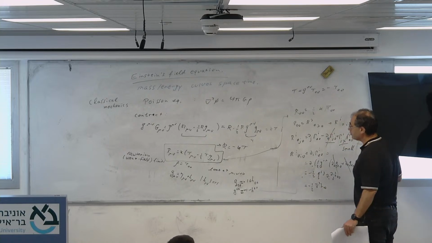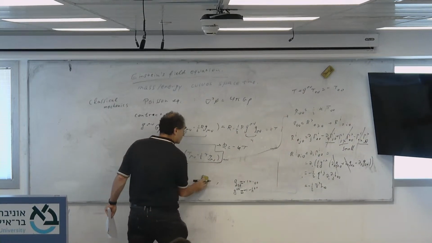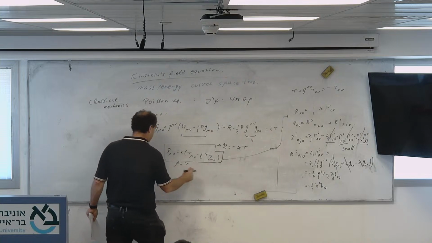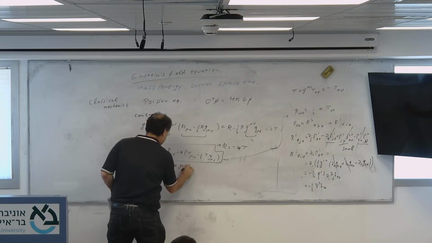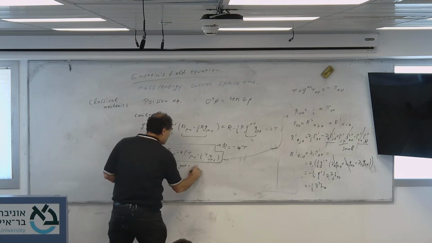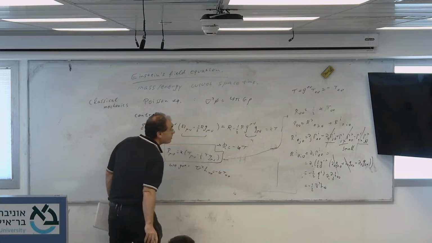Which means that in the Newtonian limit we got that nabla squared h00 is minus kappa T00.